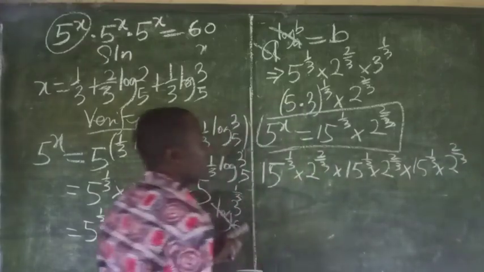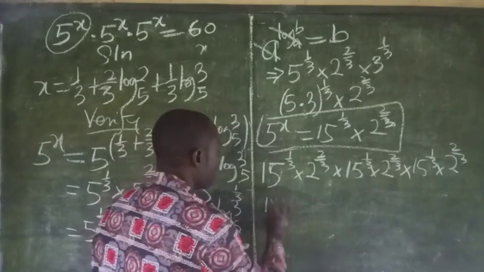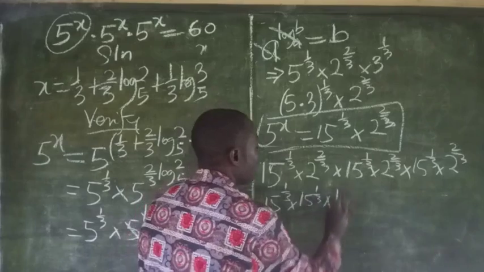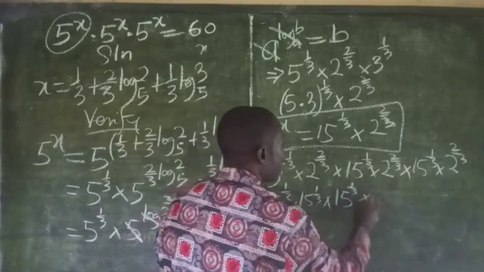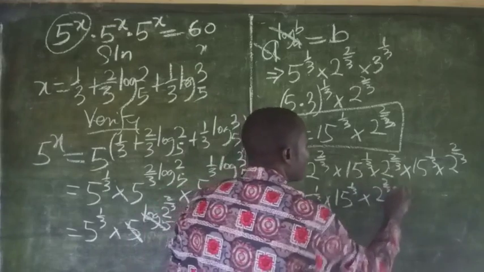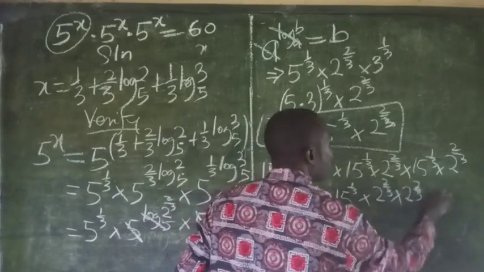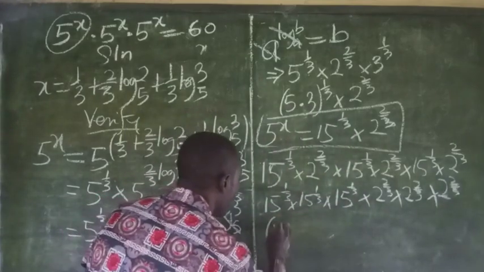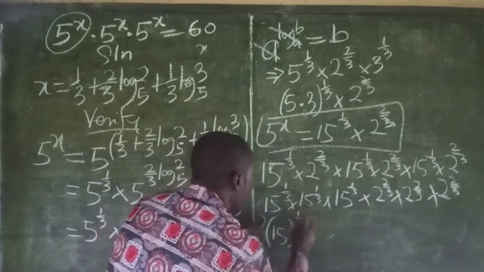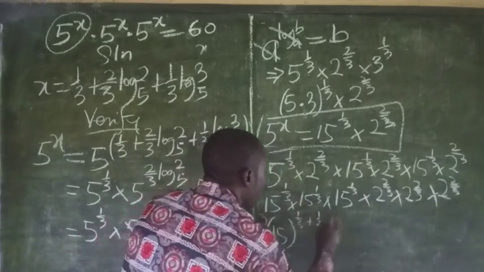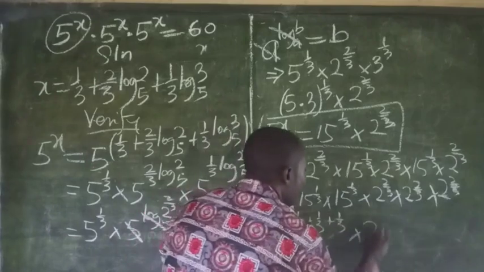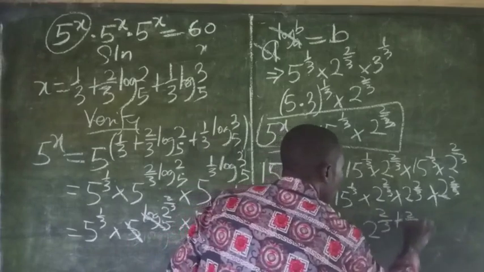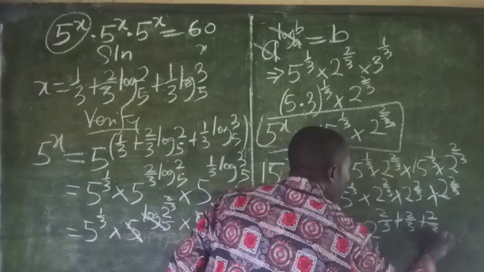Let's bring all the 15 together to be 15 raised to power 1 over 3 times 15 raised to power 1 over 3 times 15 raised to power 1 over 3 times 2 raised to power 2 over 3 times 2 raised to power 2 over 3 times 2 raised to power 2 over 3. And again we can have 15 raised to power 1 over 3 plus 1 over 3 plus 1 over 3 times 2 raised to power 2 over 3 plus 2 over 3 plus 2 over 3.